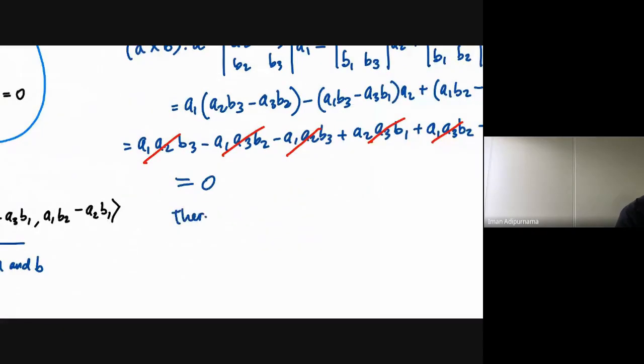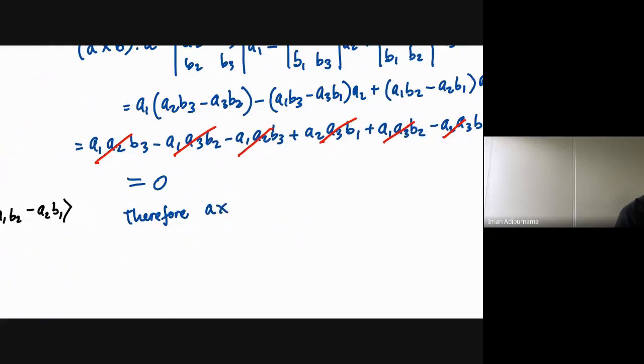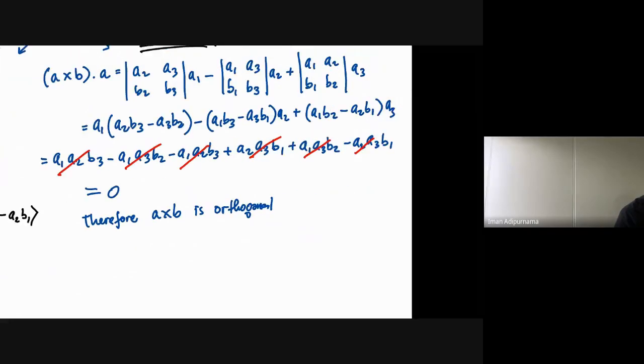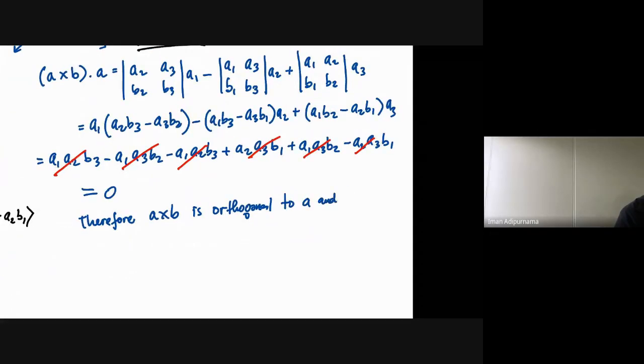So therefore, A cross B is orthogonal to A and B.